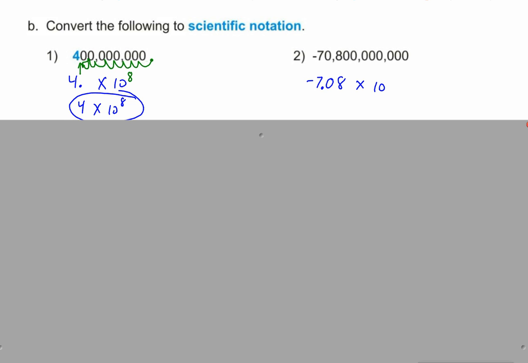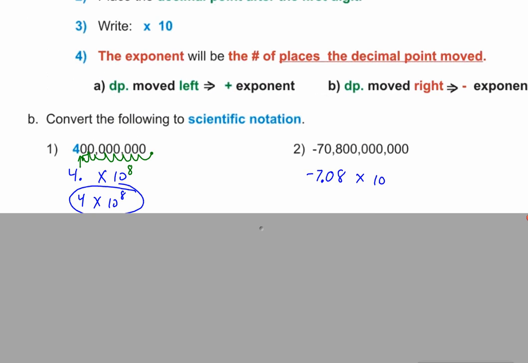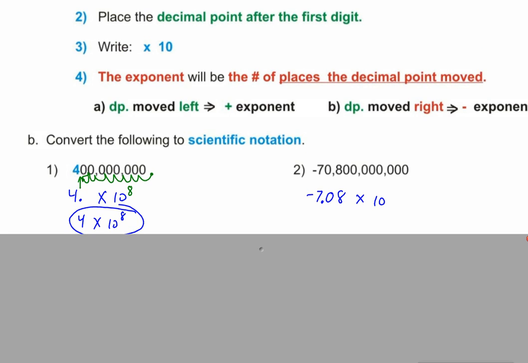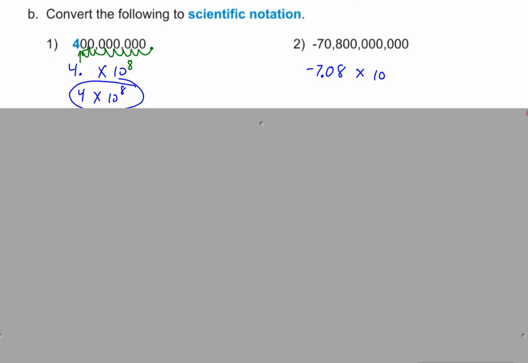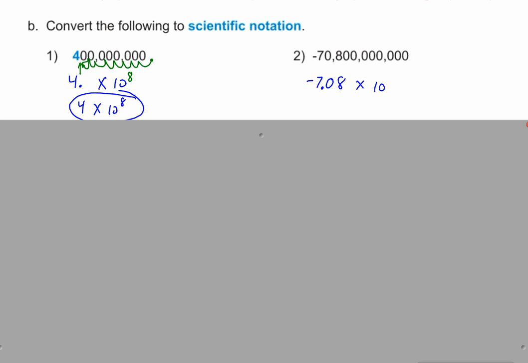All right? Now, here's what I expected to see, and I didn't see any of you doing it. Again, let's go back to the last thing. The exponent will be the number of places that the decimal point moved, and I didn't see hardly anybody moving the decimal point. So let me go ahead and move the decimal point. 1, 2, 3, 4, 5, 6, 7, 8, 9.